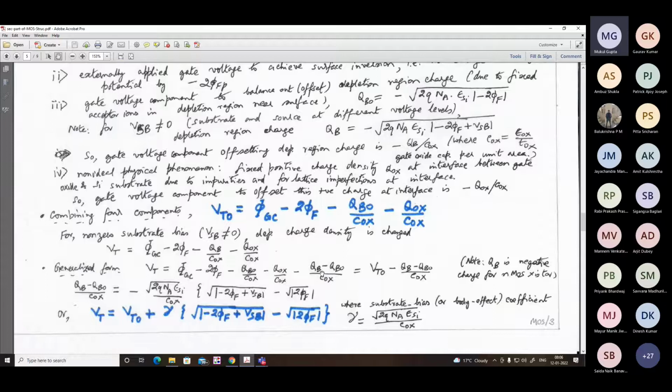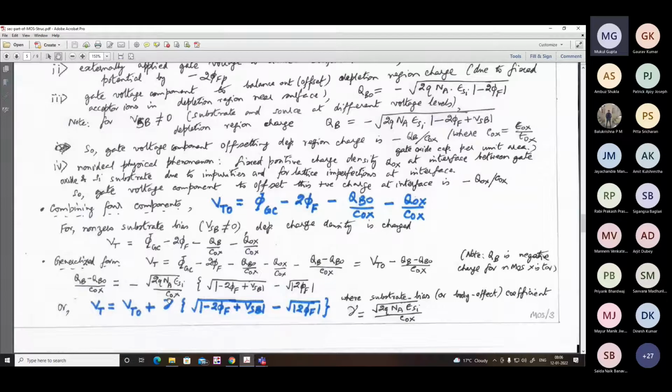Then the body bias coefficient comes into being, related to the technology parameters: NA, the acceptor concentration, the dielectric constant, electronic charge, and gate capacitance per unit area. This is a very important expression that we will have plenty of occasions to use.